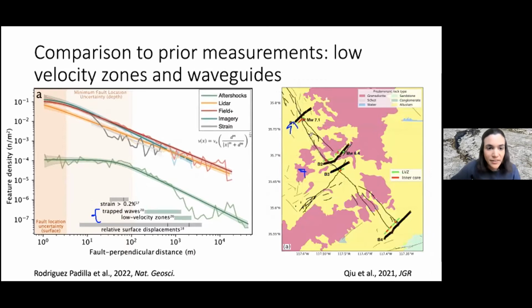It's a bit hard to see, but the small red lines in the middle represent the width of the zones of trapped waves, and the small green sections represent areas where the shear wave velocity was low, but it didn't focus trapped waves. Okay. And I want you to note that none of these width extents overlaps with the parameter D that we were fitting from our data.